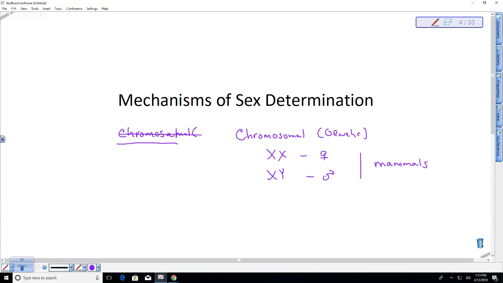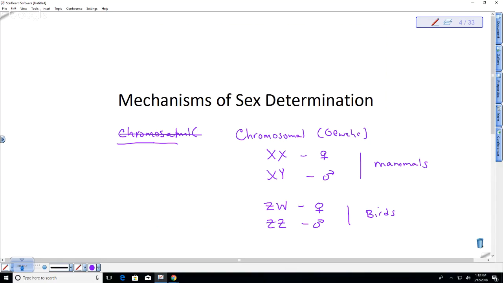Birds, interestingly, have a different mechanism. They actually have different sex chromosomes. So in birds, the one that differs, they have Z and W, and this is actually the female, and then the ZZ is actually the male. So this would be in birds.